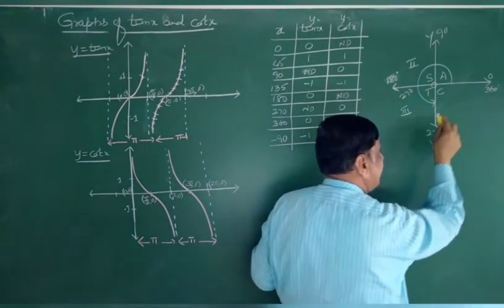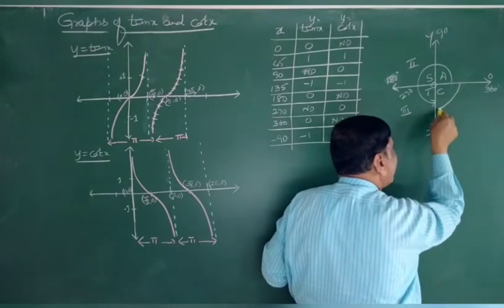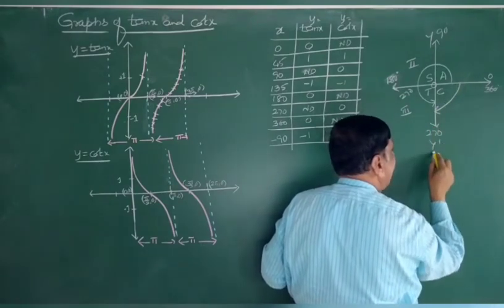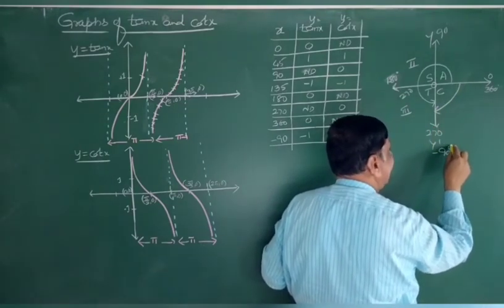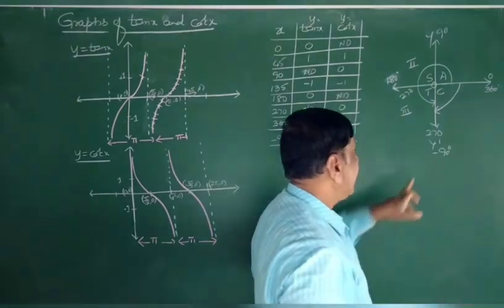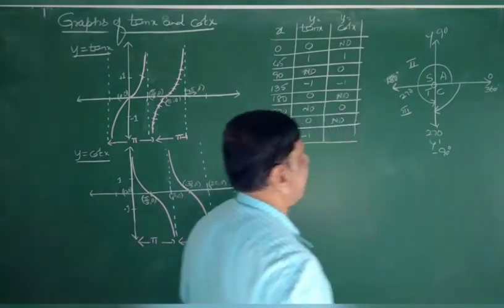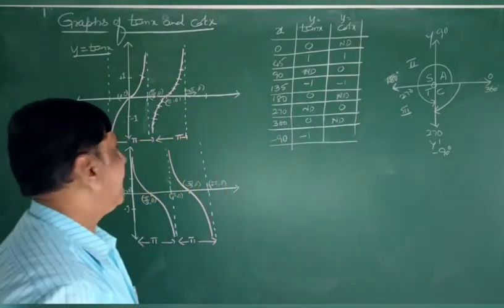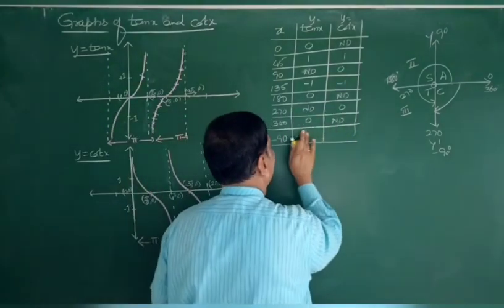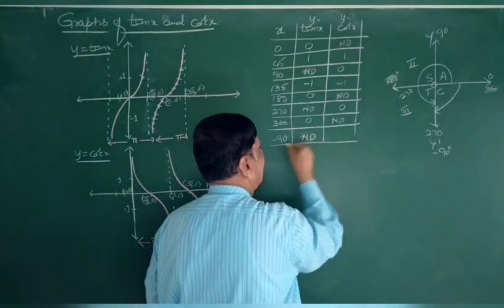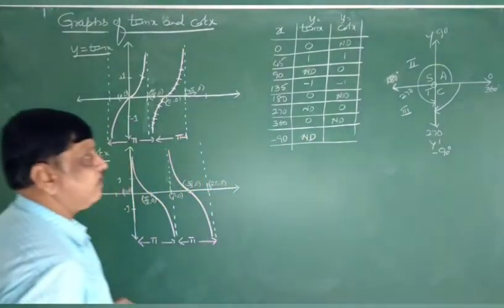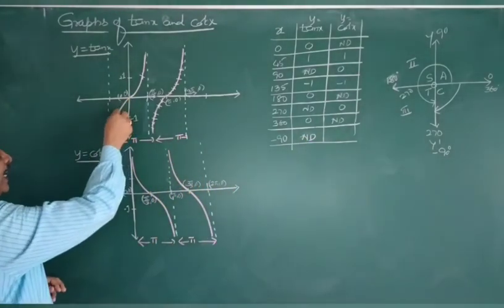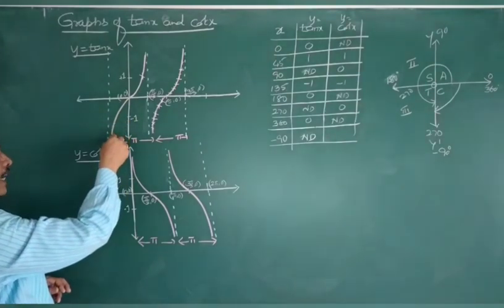When you measure the same angle in the clockwise direction, it refers to minus 90 degree. Therefore, here tan of 270 degree is again not defined. So here again it lies below the x-axis.